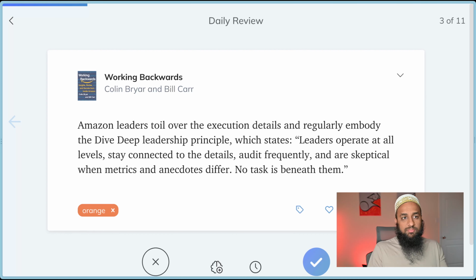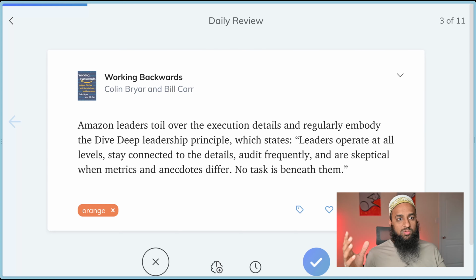Yeah, delegation is important, of course. This doesn't say that you shouldn't delegate. You should delegate, but then you're also going to stay connected to the details, like the line says. You're going to audit frequently. You're going to keep a close eye on what's happening. For example, when metrics and anecdotes differ, why is it differing? What's missing in the picture?